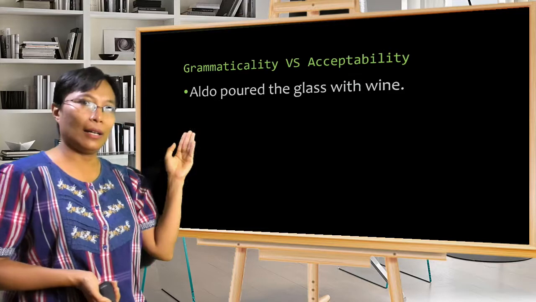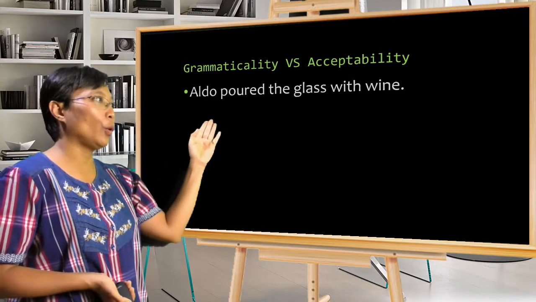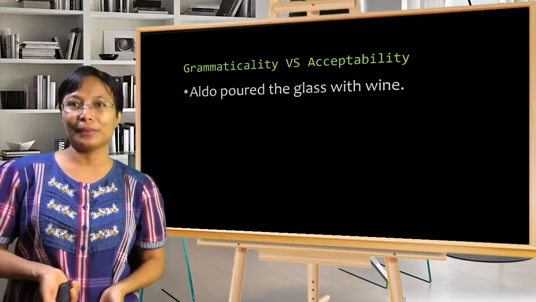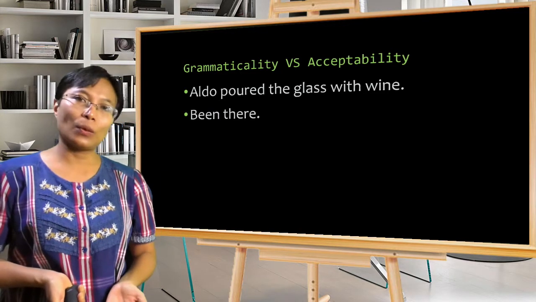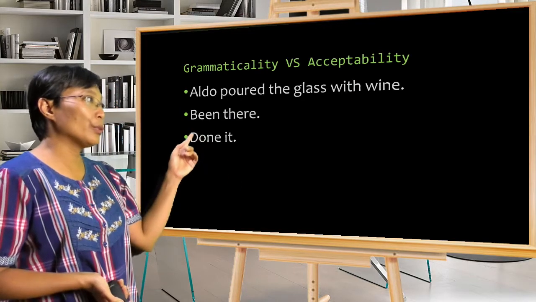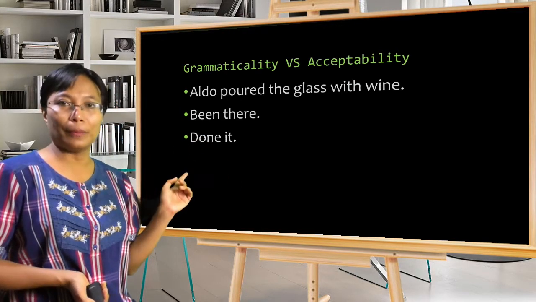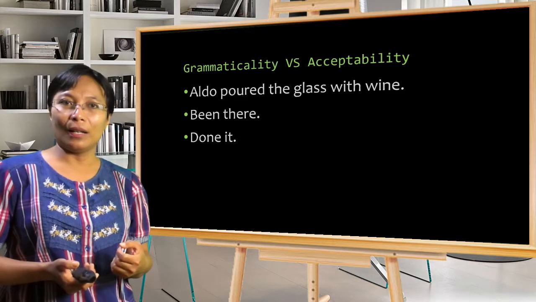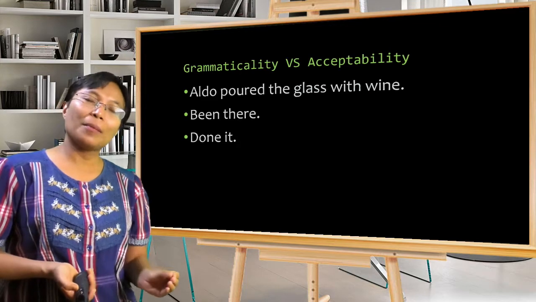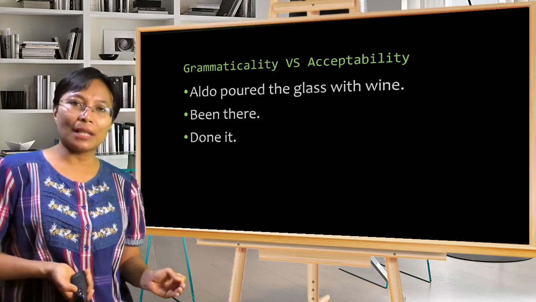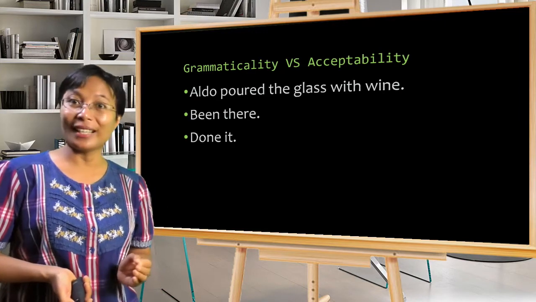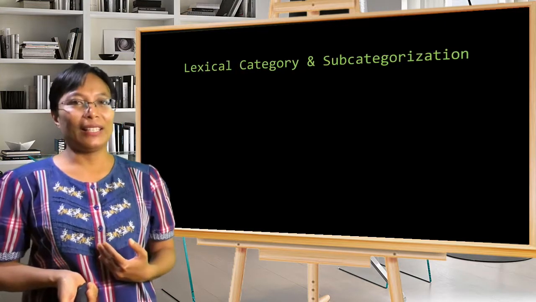So the construction should be "Aldo poured the wine in the glass," for example. And what about this? "Been there and done it." The two constructions here are acceptable, but not really grammatically complete, right? So, something that is acceptable doesn't mean that it is grammatical. You got it? Okay, next.